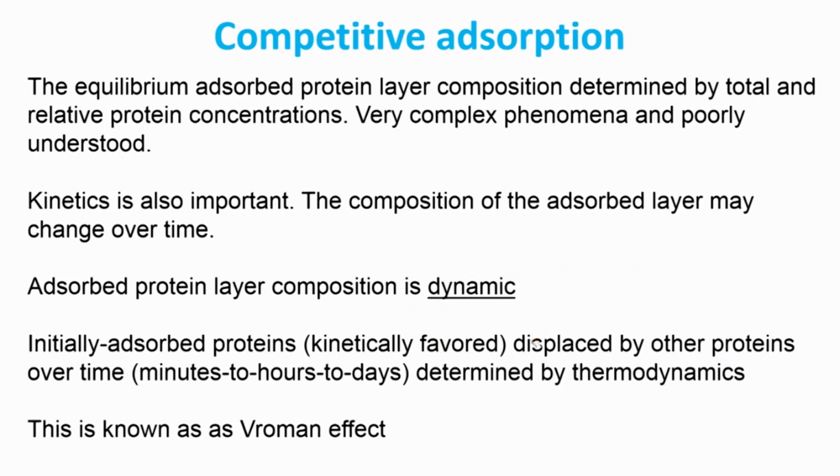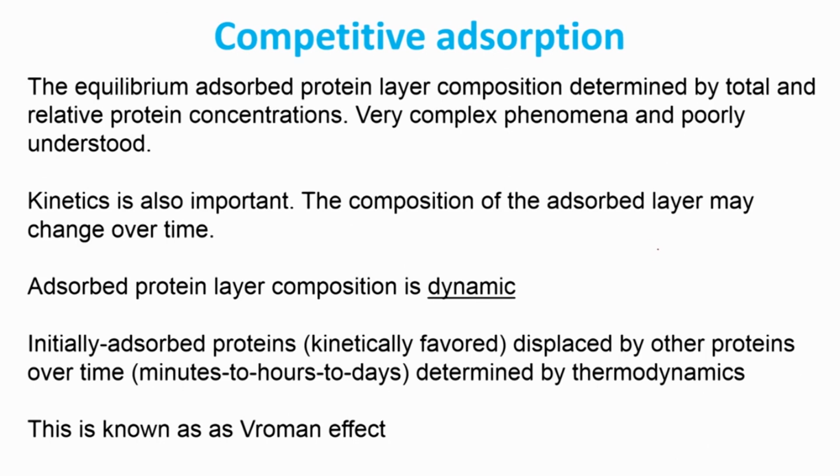Typically, as I previously described, the hard corona is still fairly stable, but it can be dynamic, and what can also happen is that initially the proteins that are adsorbed can be displaced by other proteins over time with very high affinity.